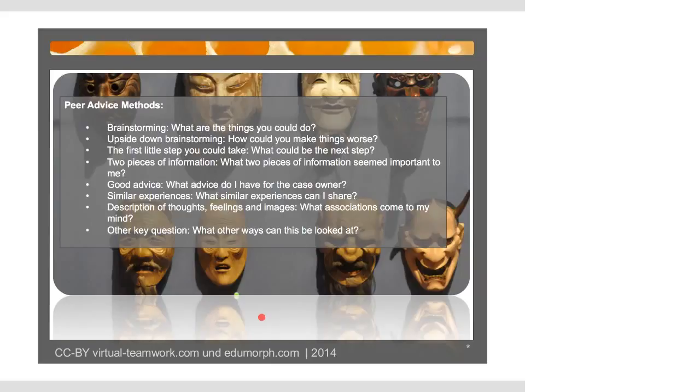It does not have to be a complete solution, but what is the first little step Mary could take? What could be her next step? And I invite you to add your suggestions to the text chat. And Mary will just listen or just watch the text chat as the suggestions come up. First little step.